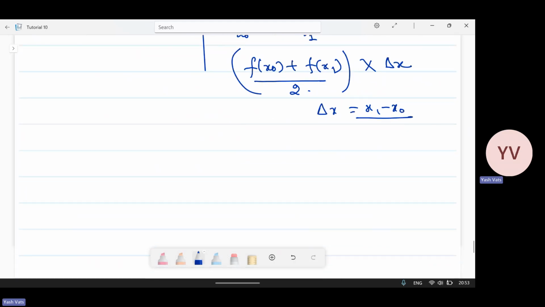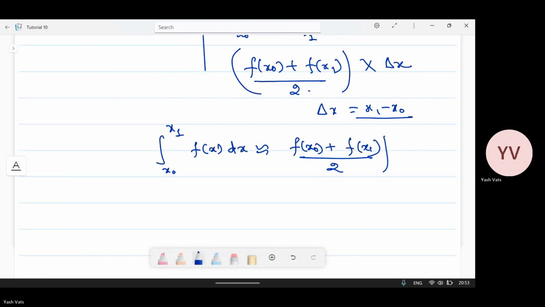So the trapezoidal rule is based on this. It says that the integration from x0 to x1 of f(x) dx is approximated this way, into del x.